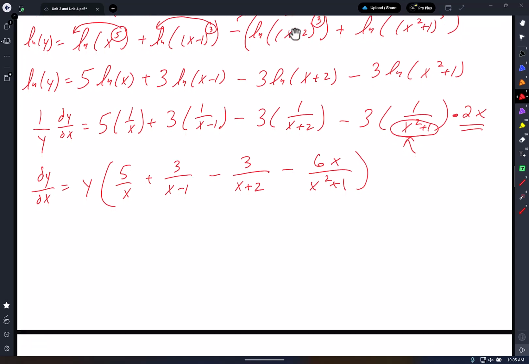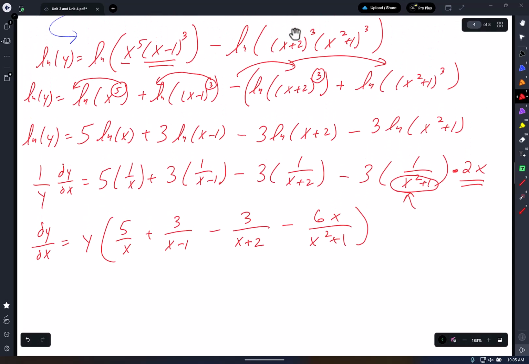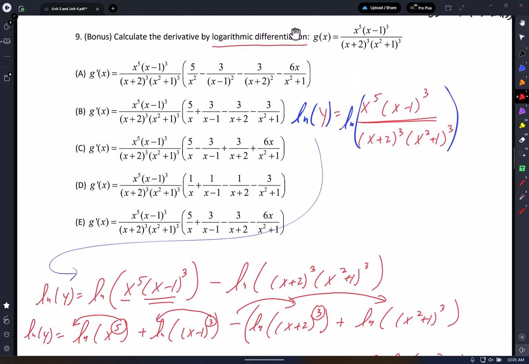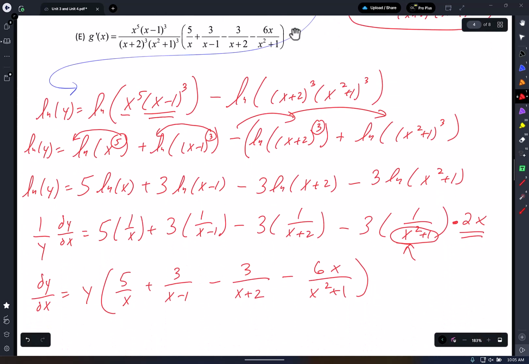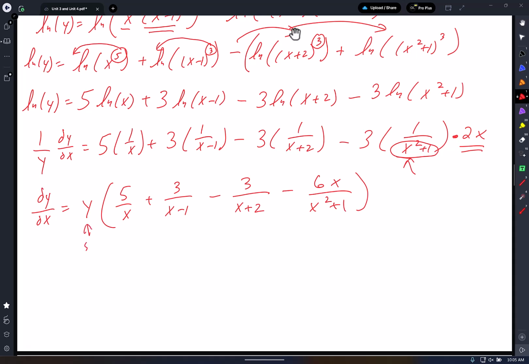Yeah, we're good. Now remember that y equals, look what I had here in red, x to the fifth, (x minus 1) to the third over (x plus 2) to the third, (x squared plus 1) to the third. So this is what y equals. That's what I'm going to substitute for that y there.